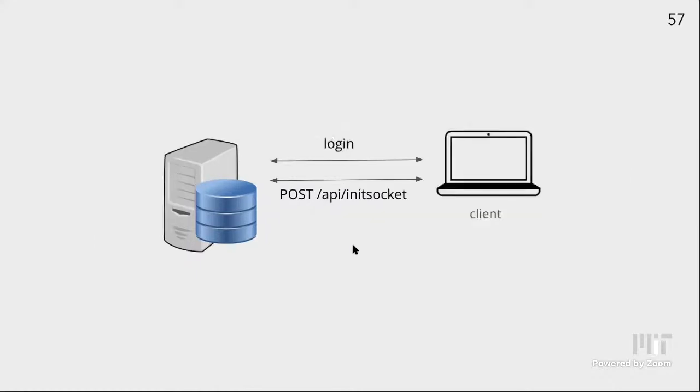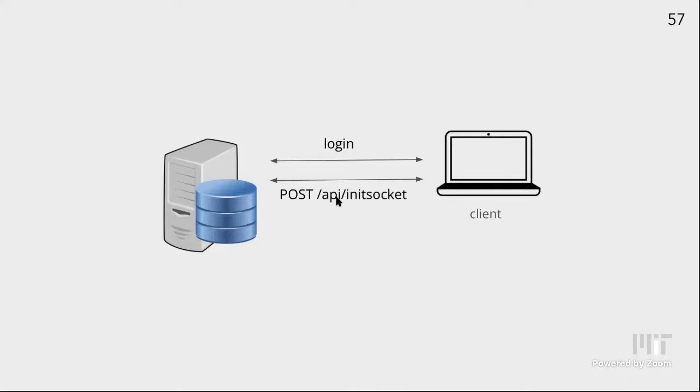In addition, whenever we log in, we're also going to send this init socket message. This is because we don't know whether the user is going to log in or their sockets are going to connect first. And depending on that order, we still want to make sure that API/init socket is called no matter what. And it actually doesn't hurt to call it twice in a row. We made sure that if you call it extra times, there's absolutely no harm.